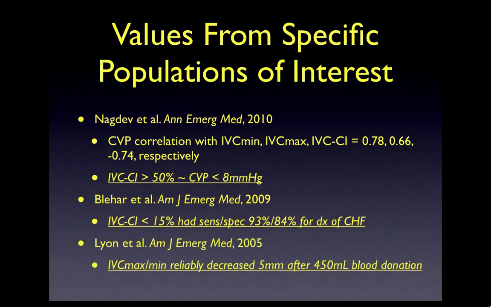Dr. Lyon and colleagues in 2005 did a study to simulate hemorrhage. These were volunteers giving blood, and they found that when they evaluated the max and min diameter pre and post blood donation of 450 cc's, the measurements reliably decreased 5 millimeters.